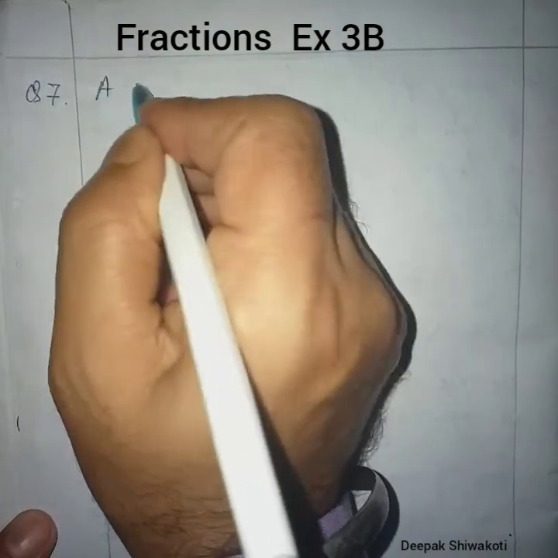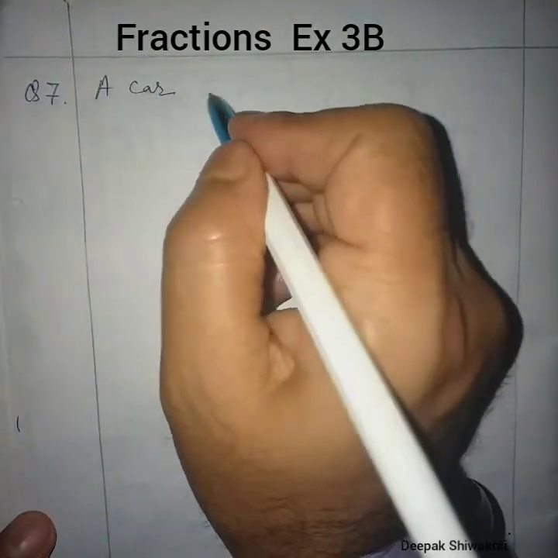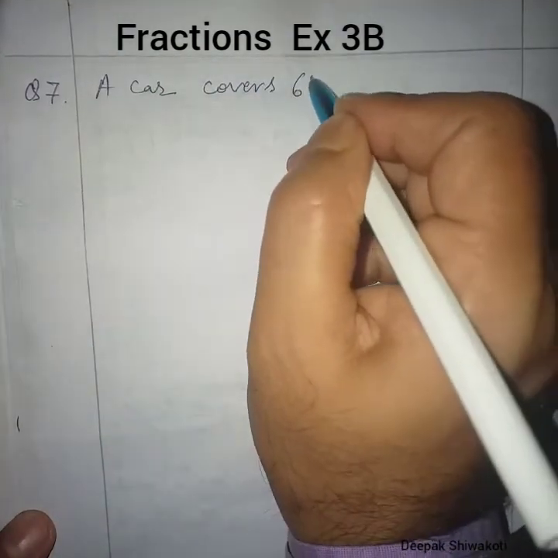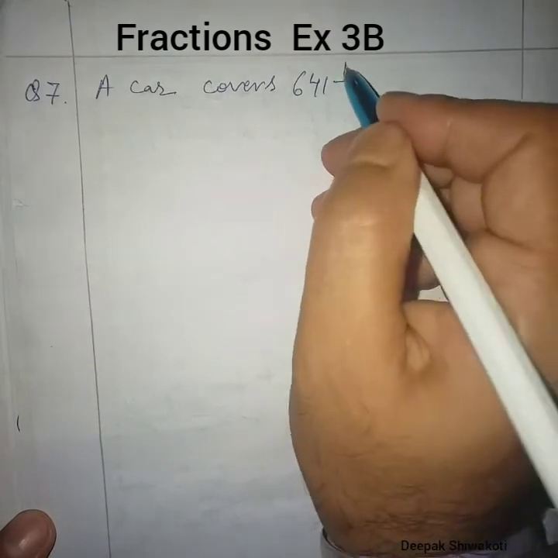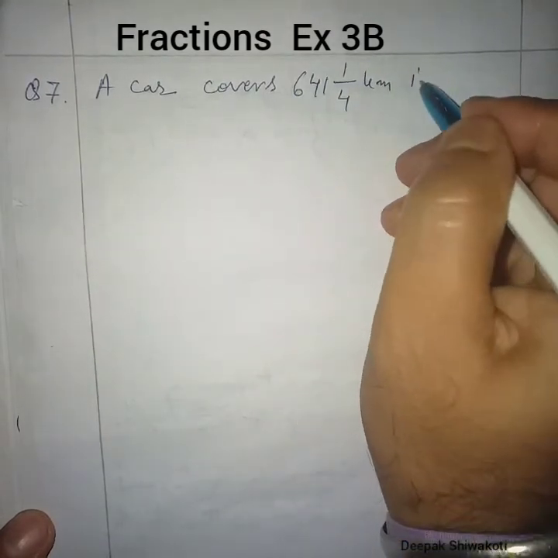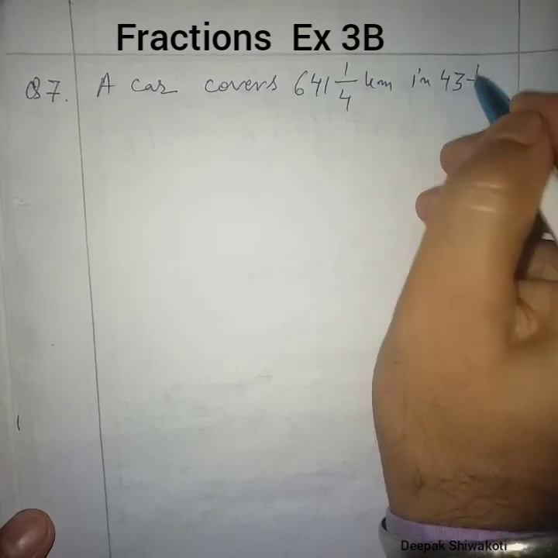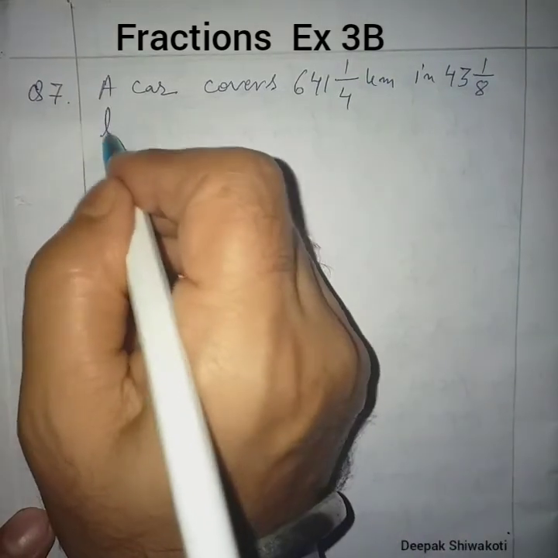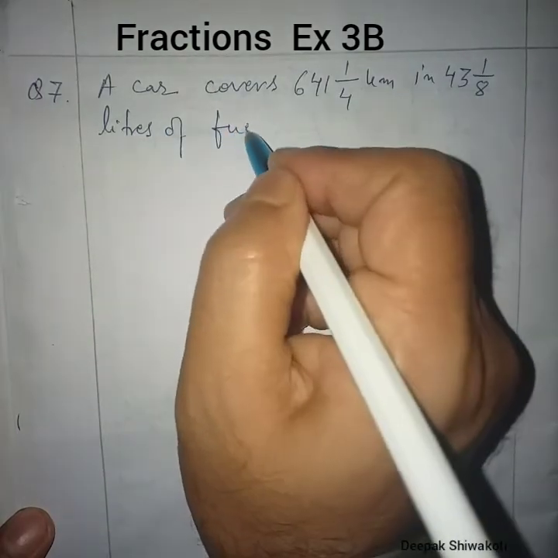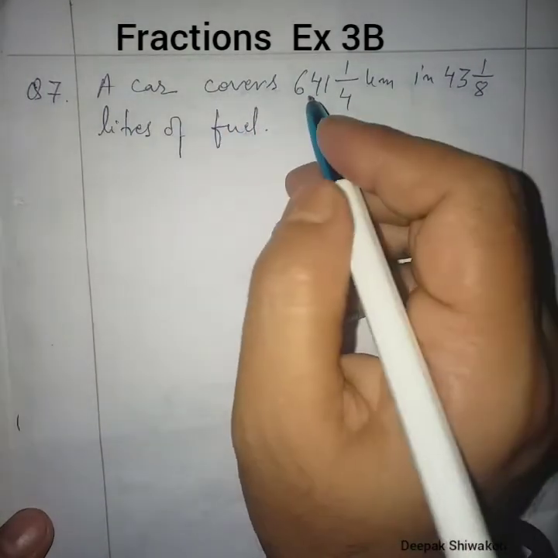A car covers 641 1 by 4 kilometer in 43 whole 1 by 8 liters of fuel. Fuel means what? Petrol, diesel.